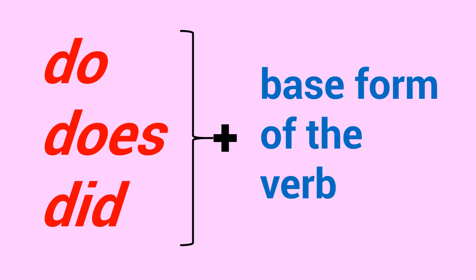If it's write, it's still write. Nothing has changed to the verb. So again, do, does, or did plus the base form of the verb. In the next slides, you will be shown examples of sentences using do, does, and did with the correct base form of the verb paired with these auxiliary verbs.